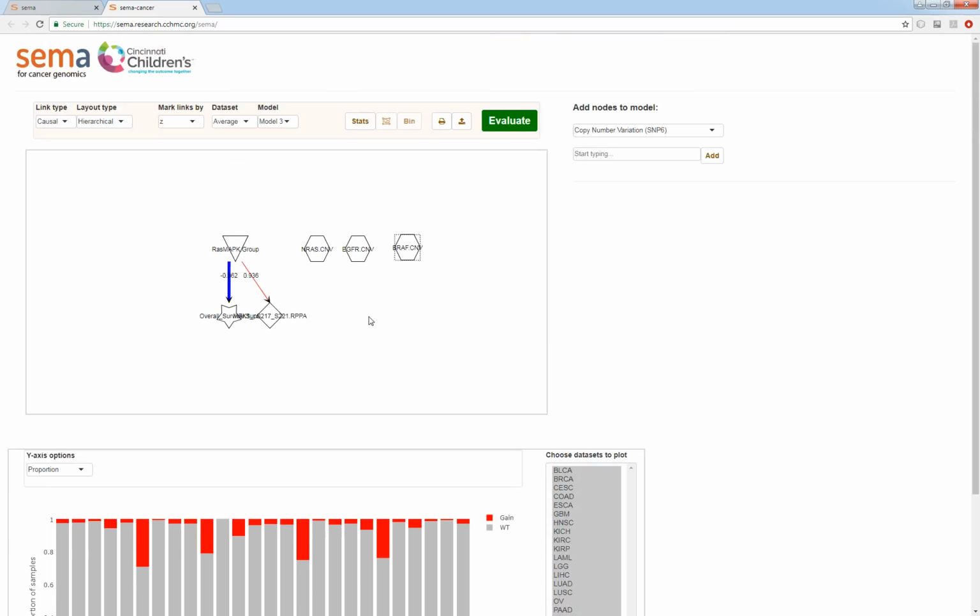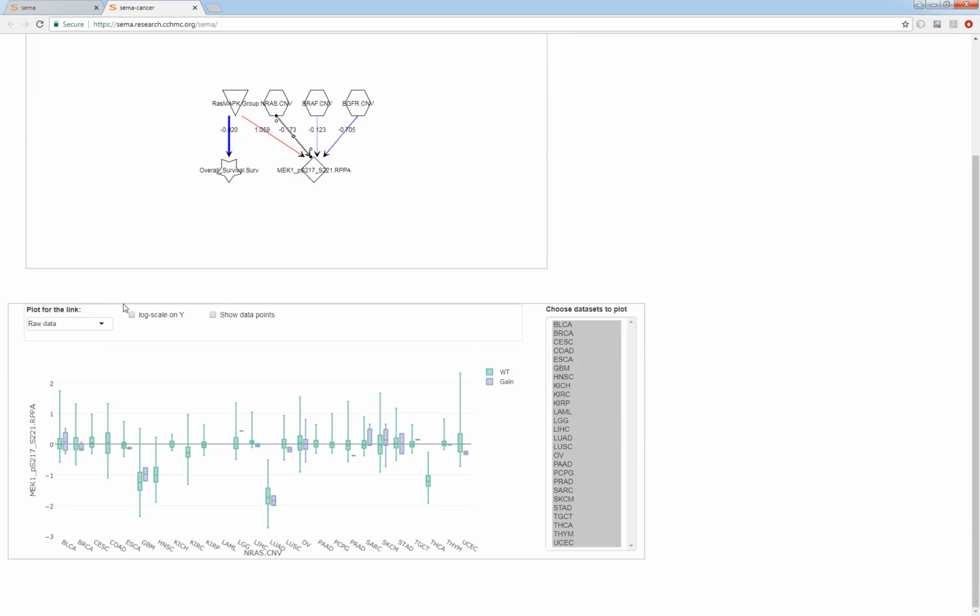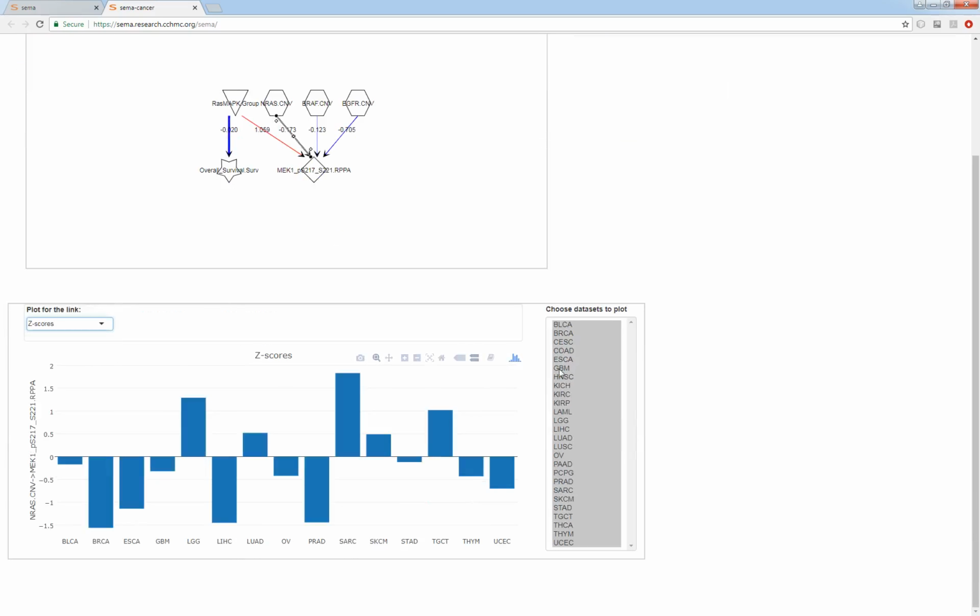Now let's see how these affect MAP kinase levels. Evaluate. First, let's look at NRAS. Z-scores, please. So, in melanomas, not so much.